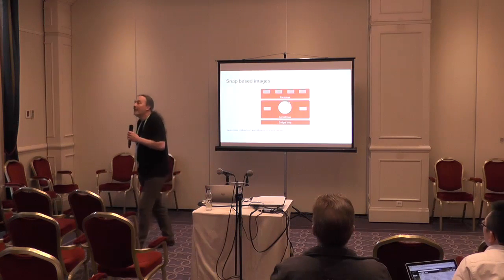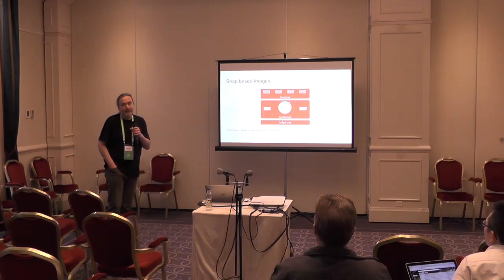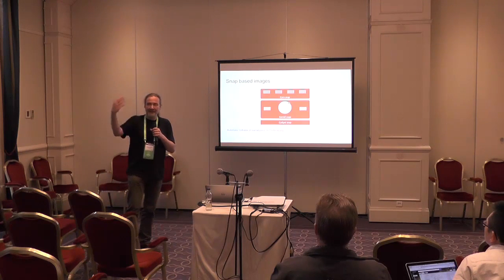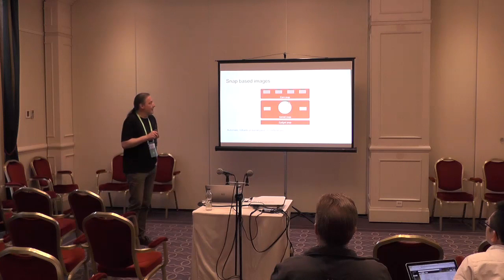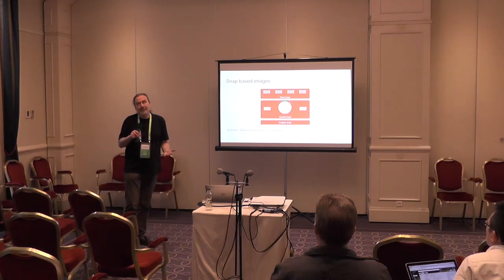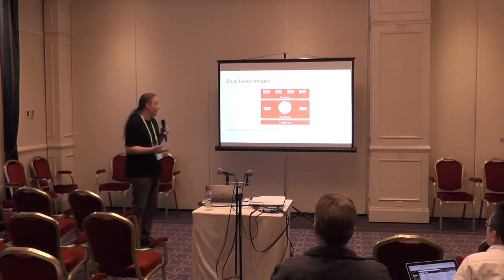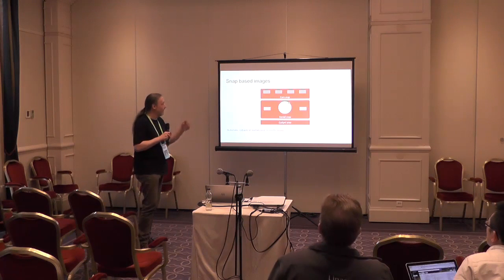So initially we started with the 1504 images. We actually started with a kind of classic image, Debian-based image that then had Snap support for Snap packages. And then the idea came up, why not do everything as Snap? Like, have your kernel as Snap, and have your root file system one big Snap, which is our core Snap.